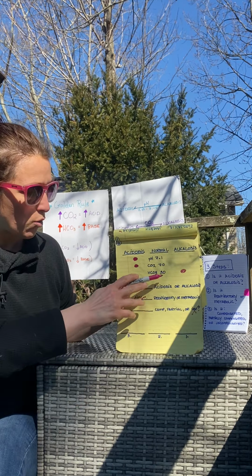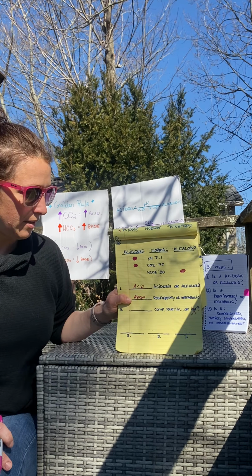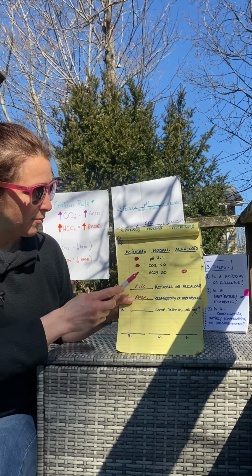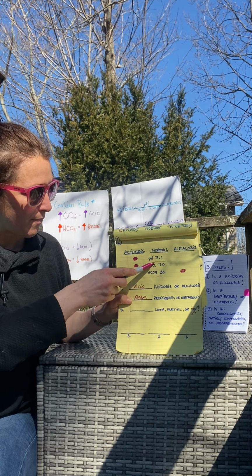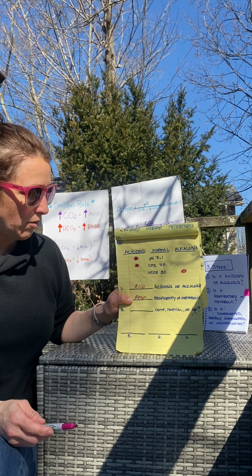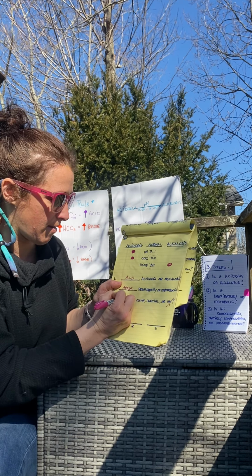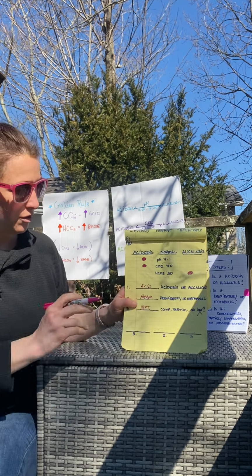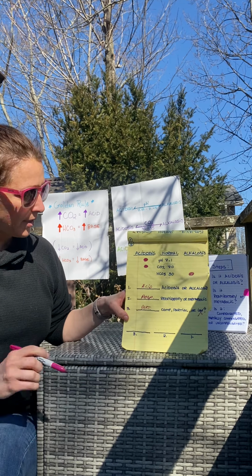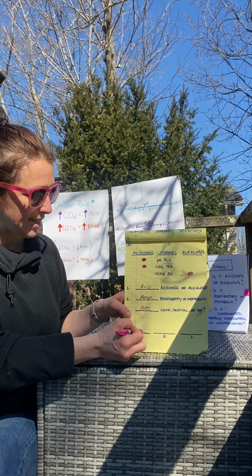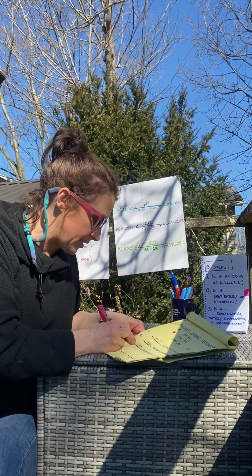The bicarb has to be normal for it to be uncompensated. So it's trying, right? It's not fully compensated because for it to be fully compensated, our pH would have had to go to normal by now. So what we have is a partial compensation. Okay, so we answered 1, 2, 3. Now 3, 2, 1, this is a partially compensated respiratory acidosis.